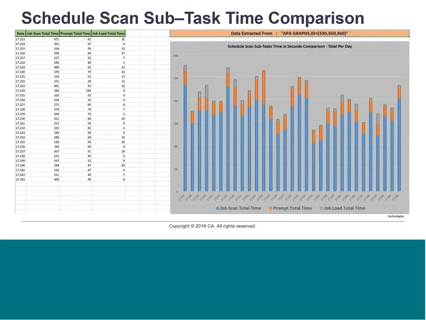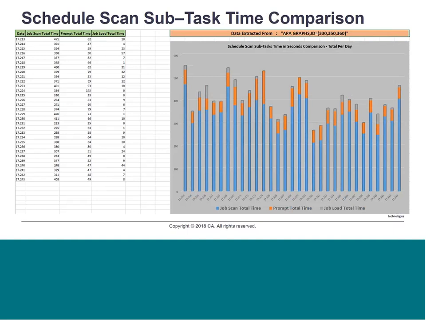So now we start looking at using various different NPA graphs. We can drill down into the components that make up the scheduled scan processing, the various pieces that I talked about. So you have your actual job scan function that reads the database and selects jobs to be brought in.